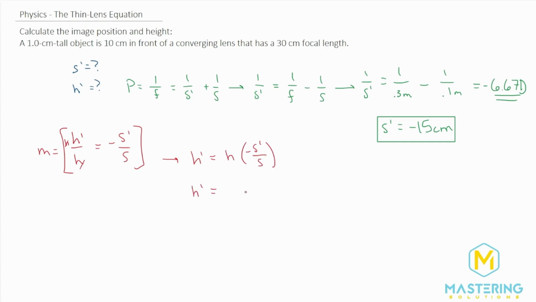So H prime is equal to the height of the object in meters, which we said is 1 centimeter, so 1 times 10 to the negative 2 meters. Now we have negative, the image distance is negative 0.15 meters. This negative is from the equation, this one is from the answer, so don't forget those, that is important. And then the object distance S is 10 centimeters in front of the converging lens, so that's a positive 0.1 meters.